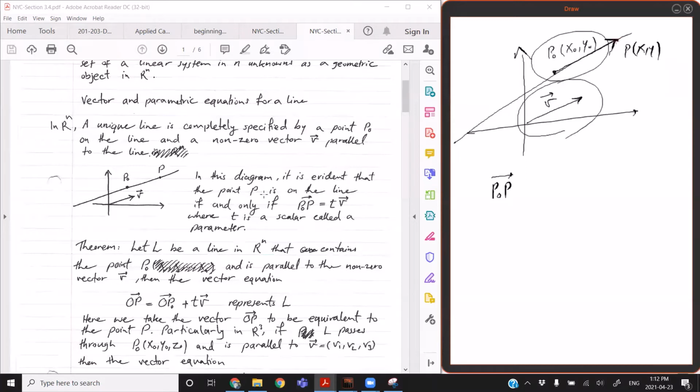So for any point on the line, the vector P0P will be parallel to V, and for any point that is outside the line, then P0P will not be parallel to V. So I can say that P0P is parallel to V if and only if P belongs to the line.